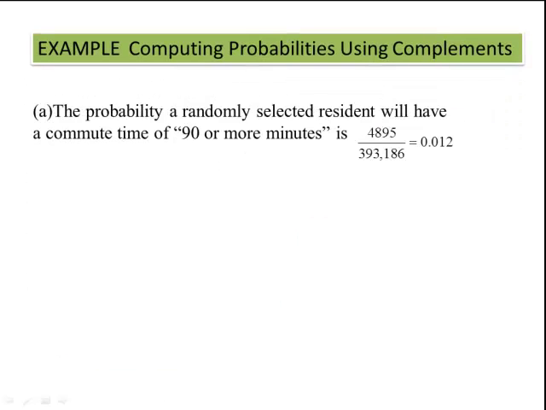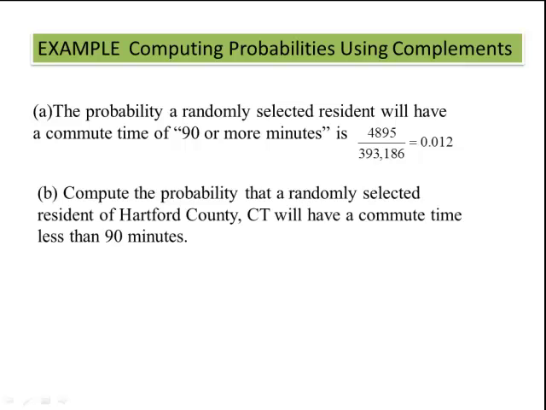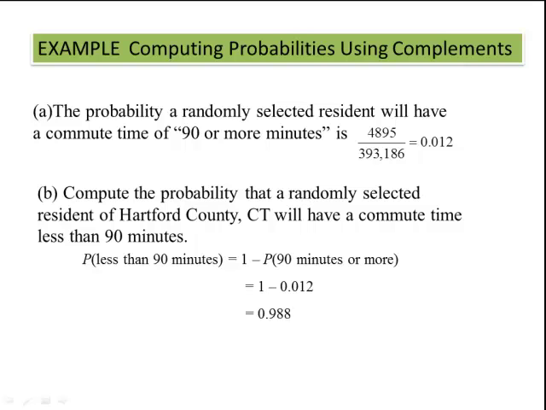Our first step is to find the sum total of all the frequencies, and then we divide the frequency for 90 or more minutes by that total, and we see that's 0.012. So for B, if we want to find the probability of less than 90 minutes, we can simply use the complement rule, and we take 1 minus our probability here, which is 0.988.